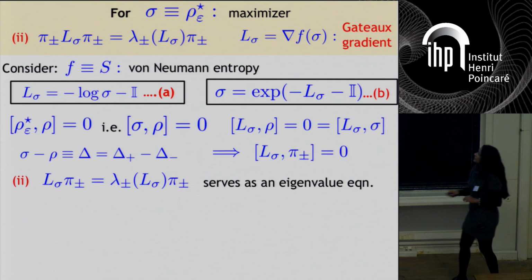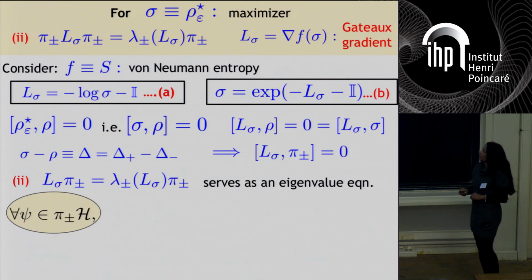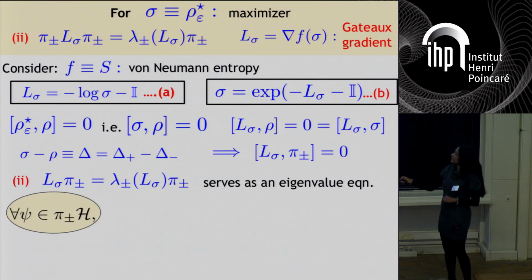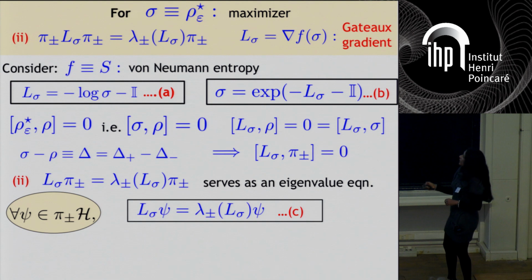Okay? So this serves as an eigenvalue equation. That is, for every psi which belongs to this subspace obtained by the action of these projectors, L sigma on psi, just from this relation, is lambda plus minus L sigma on psi. Okay, I hope you all agree.